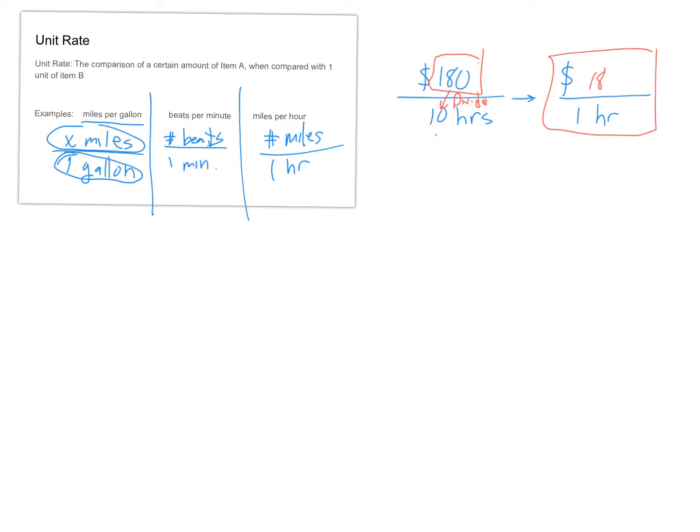So let's say we traveled 250 miles on, say, 4 gallons of gas. Okay, we're driving a Prius.